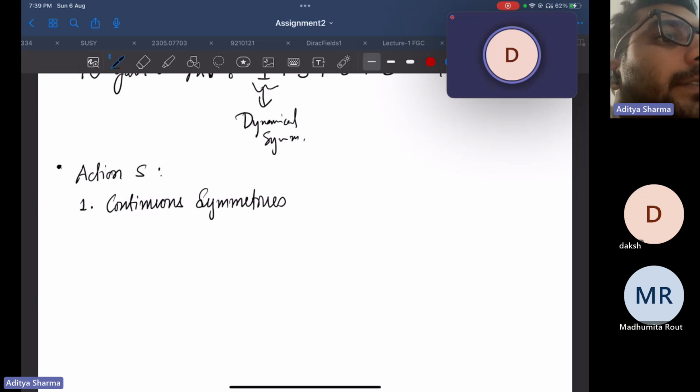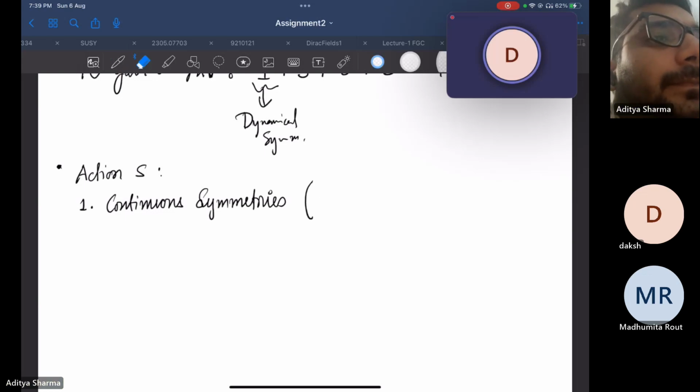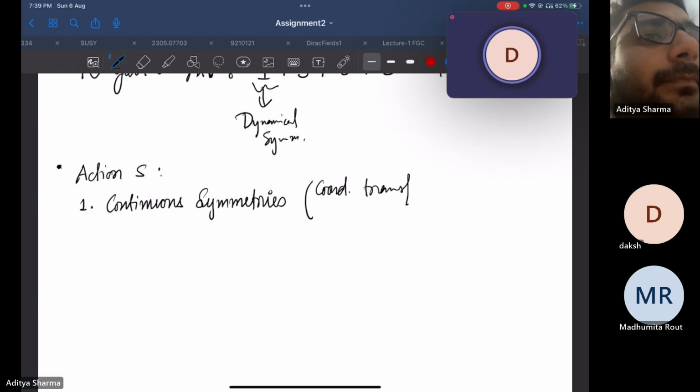What this means is some coordinate transformations leaving S unchanged.